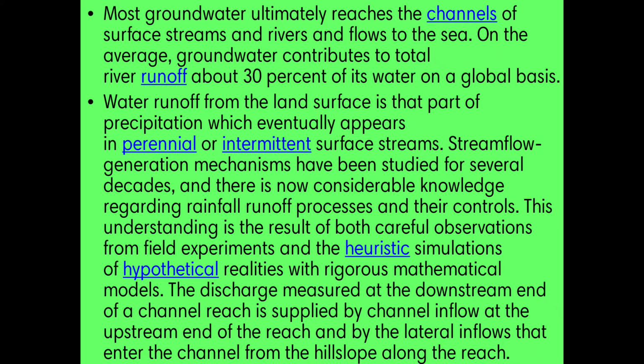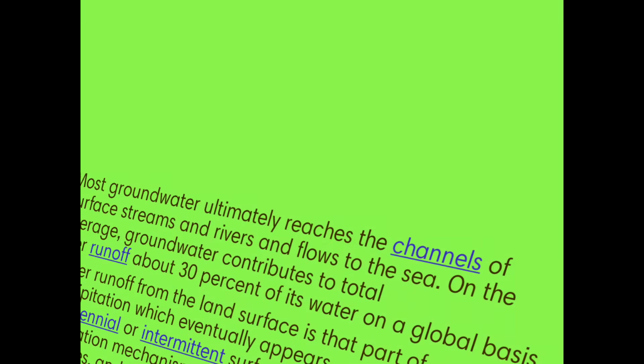with rigorous mathematical models. The discharge measured at the downstream end of a channel reach is supplied by channel flow inflow at the upstream end of the reach and by the lateral inflows that enter the channel from the hillslope along the reach.